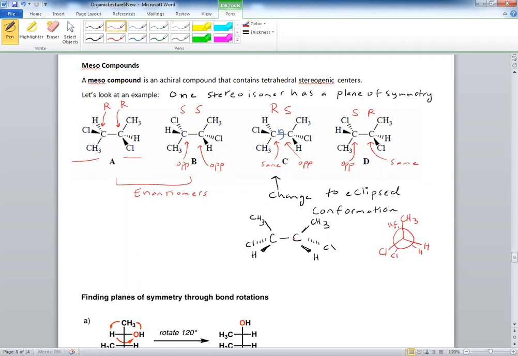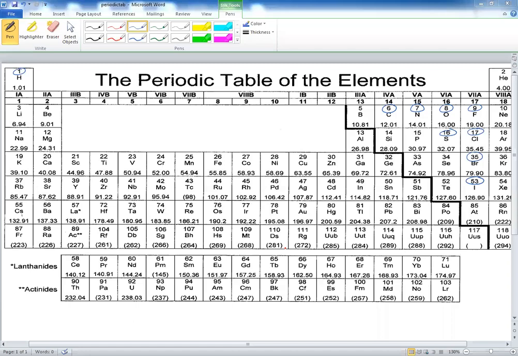You see here we have a plane of symmetry. This plane of symmetry makes this compound achiral.